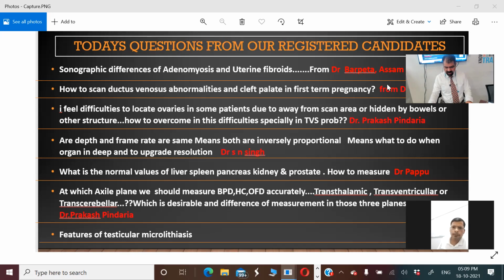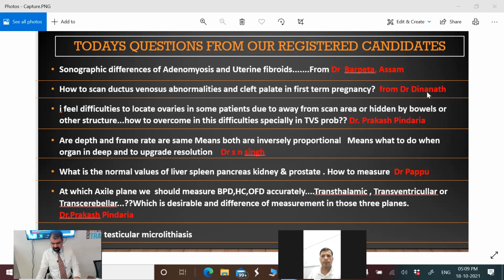Next question is from Dr. Dinanath. How to scan ductus venosus abnormalities and cleft lip and palate in first term pregnancy. Probably I told you that these are copy pasted as it is questions. So probably Dr. Dinanath means on term pregnancies how to scan ductus venosus and cleft palate.